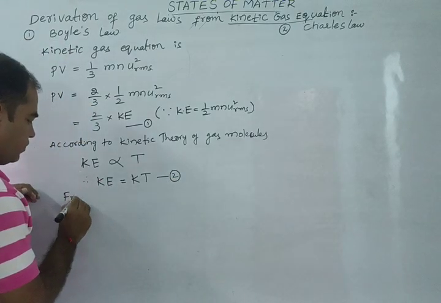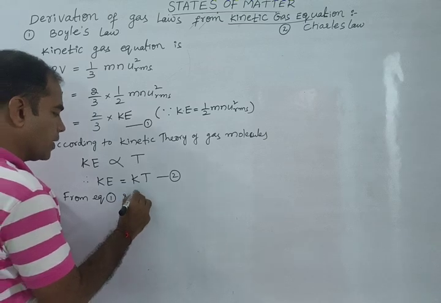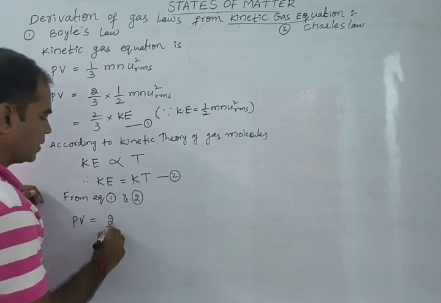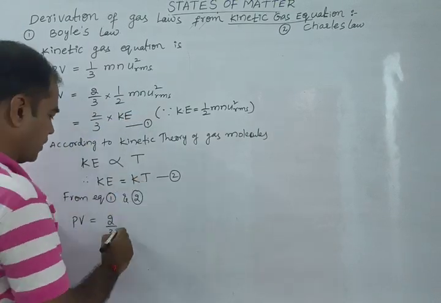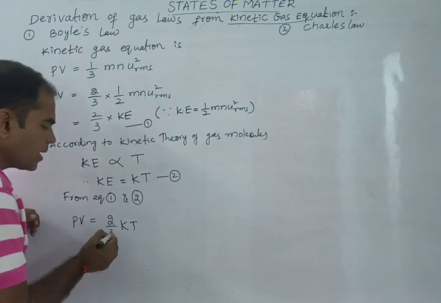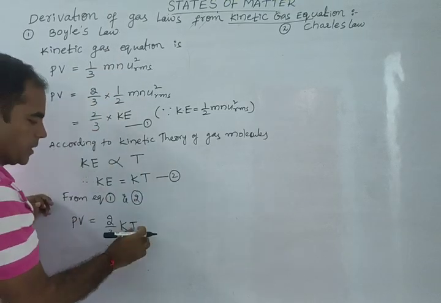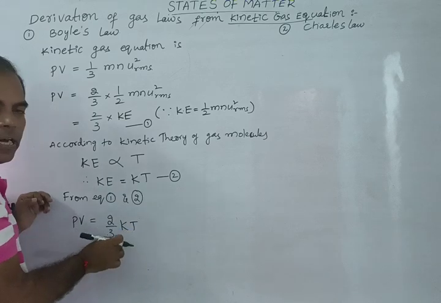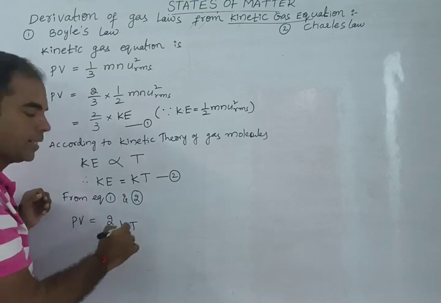Let us consider this as equation 1 and this as equation 2. From equations 1 and 2, PV equals 2 by 3, and instead of KE we replace with KT: PV equals 2 by 3 KT. Boyle's law says that at constant temperature, T is constant, K is a constant term, and 2 by 3 is also constant.